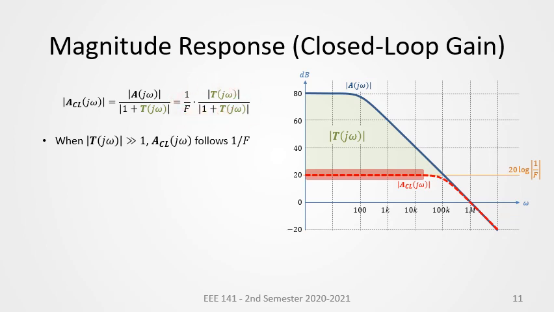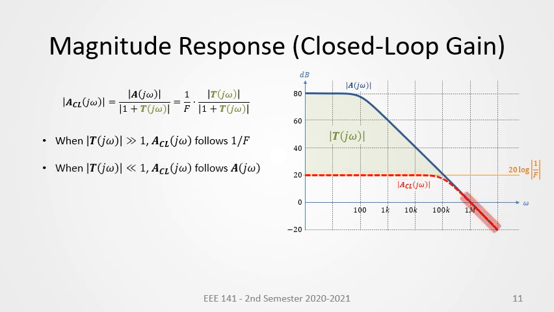In this case, since T of j omega is much greater than 1, then the denominator is just approximately T of j omega, and T of j omega in the numerator and the denominator will cancel, and we are left with approximately 1 over f.